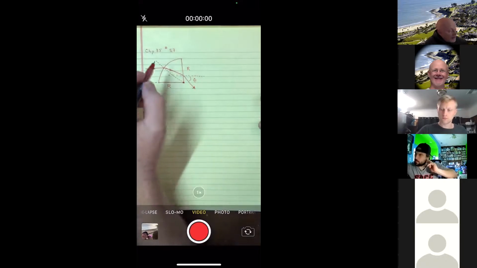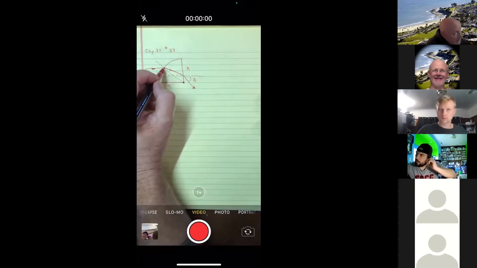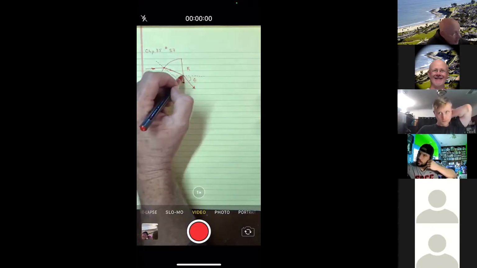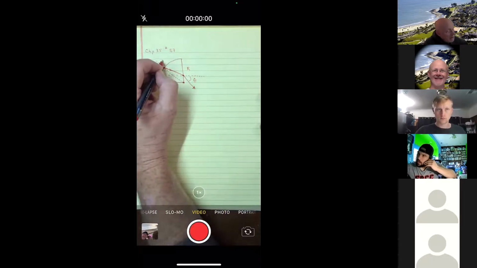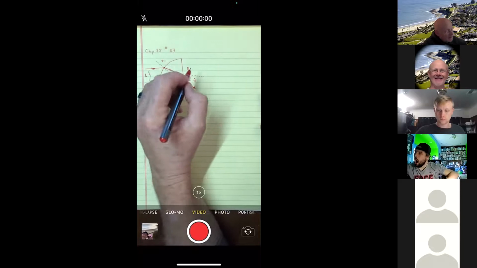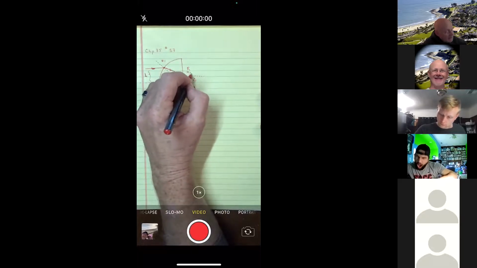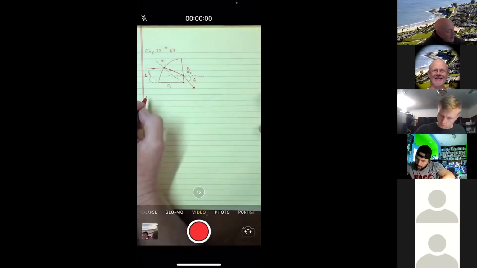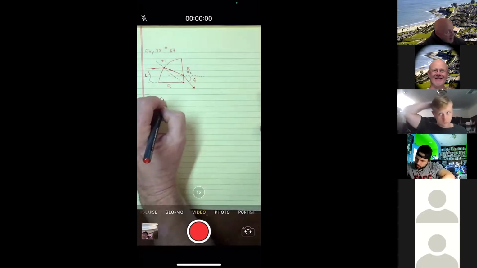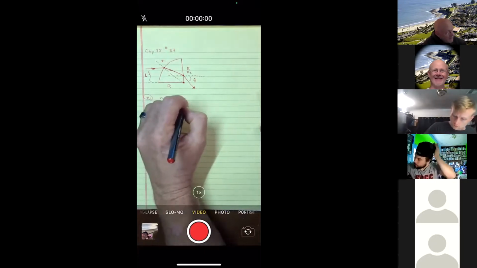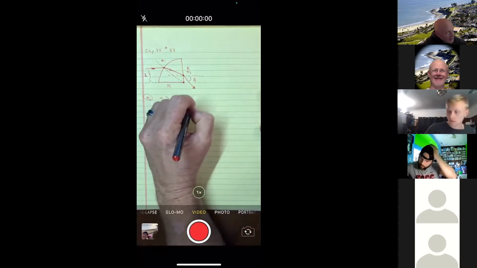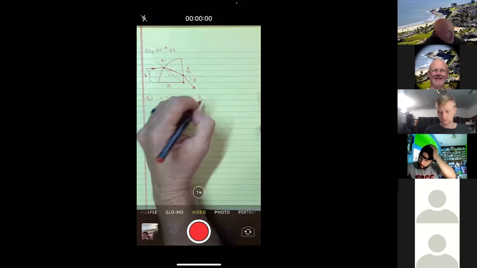So I do have Snell's law twice. Let me call coming in surface 1 and coming out surface 2. So let me deal with surface 1 first. I'm going to write n1 sine theta 1 is equal to n2 sine theta 2.